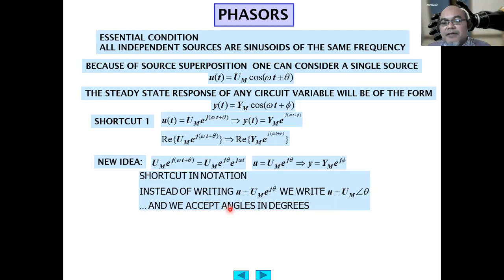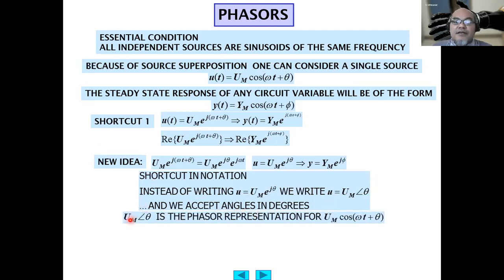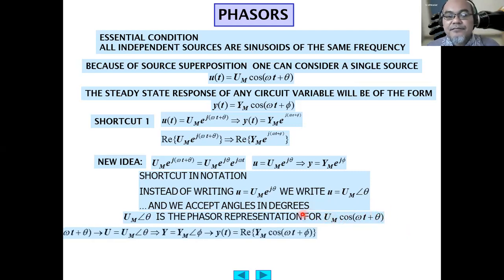Here we also accept angles in degrees. Um with phase angle theta is the phasor representation of cosine(omega t plus theta). Be careful here: this is the representation of cosine. If later we deal with sine, then we have to add an additional negative 90 degrees to express it as cosine.